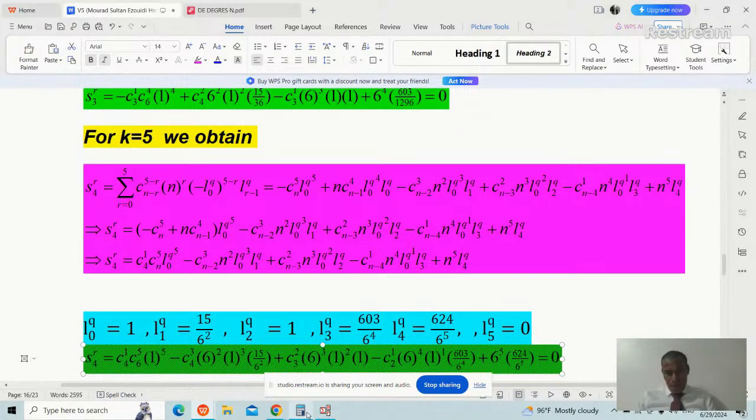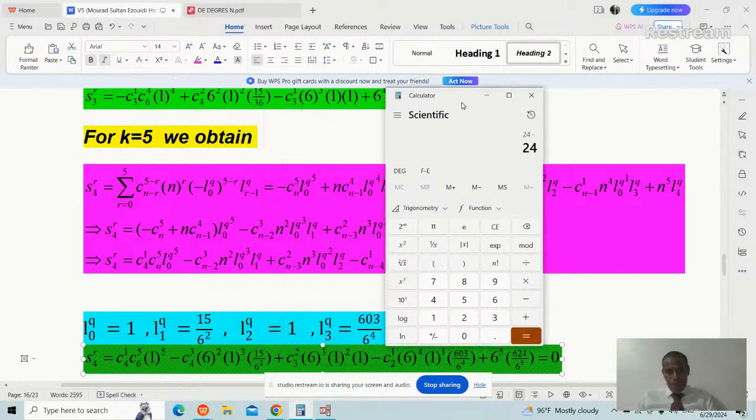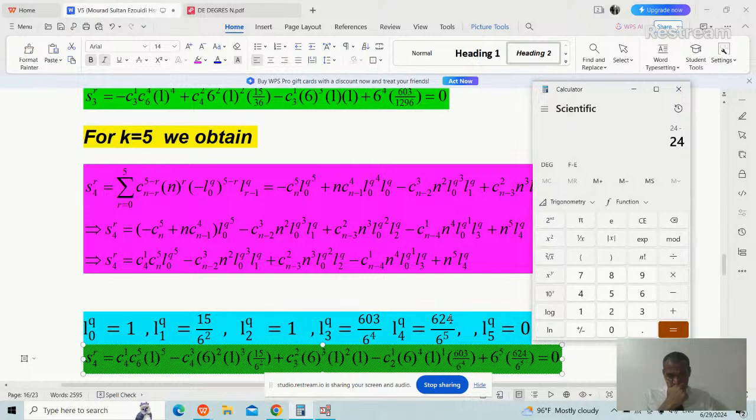We told that L4 is this one, 603. So 4 times 6, 24, minus 4 times 15, minus 4 times 15. Good.